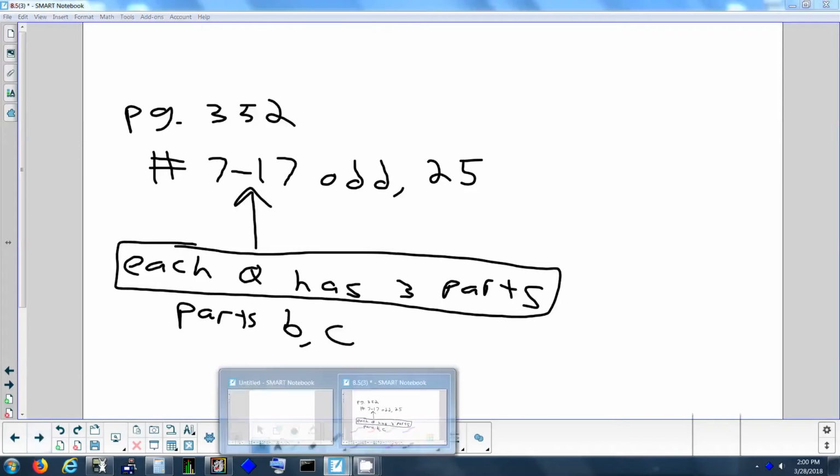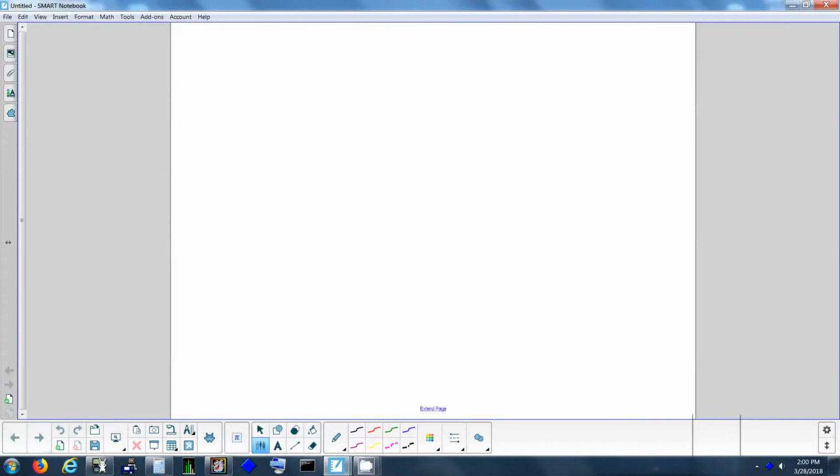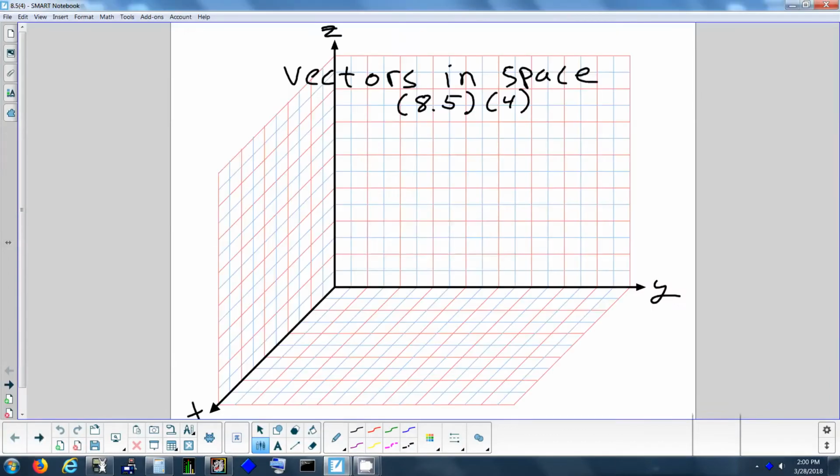All right, last section. Part 4 is pretty much a review of everything we did in 2D. There are no word problems in this section. It's all stuff we did in 2D, now just extending it to 3D.